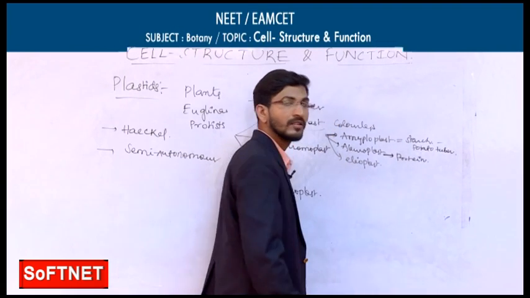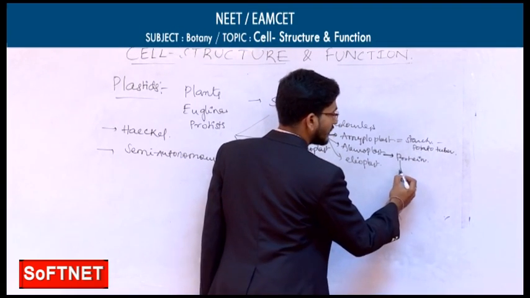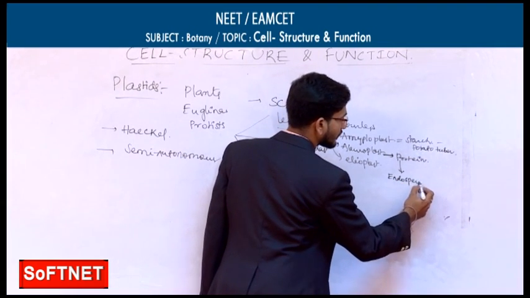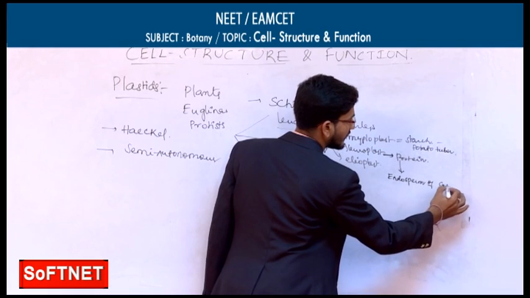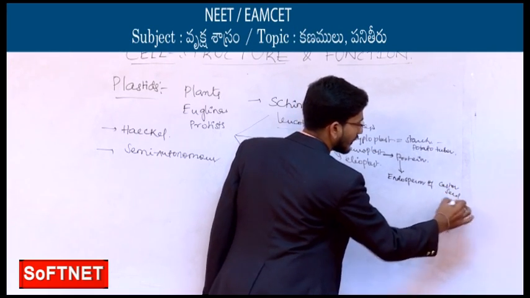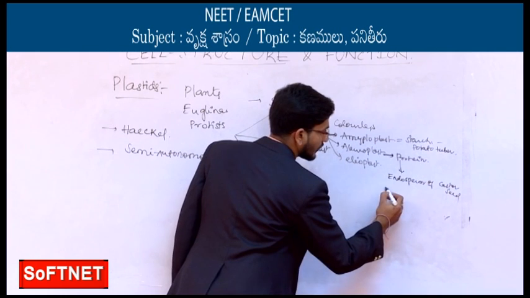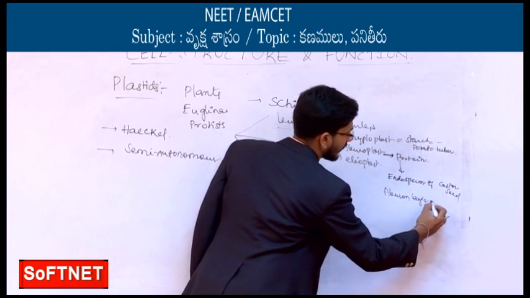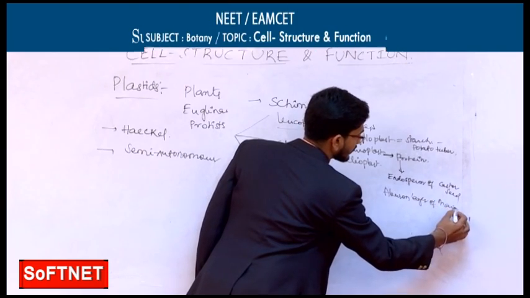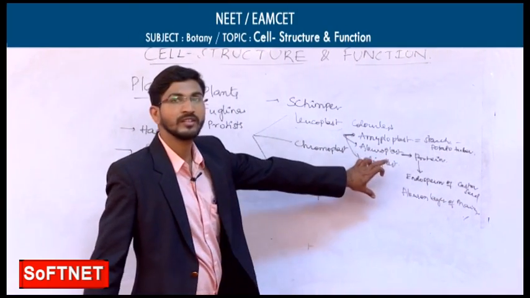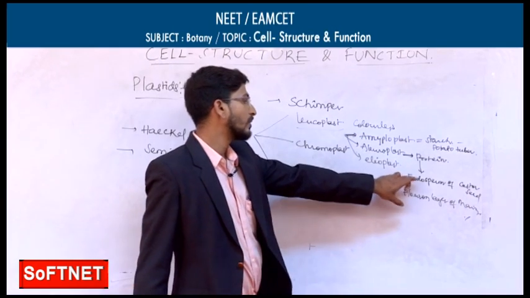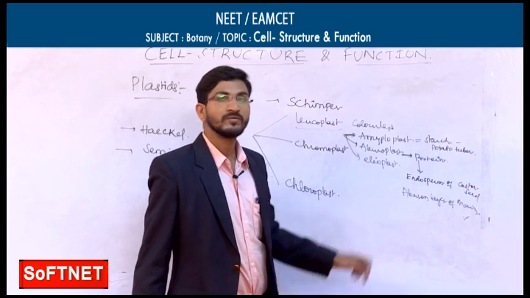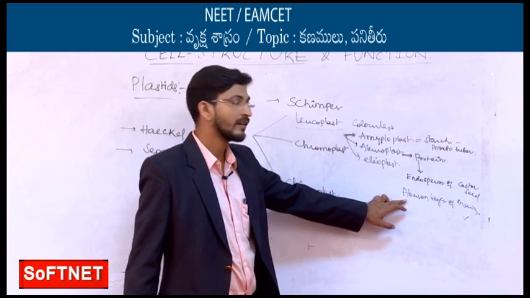Examples are the endosperm of castor seed and the aleurone layer of maize.